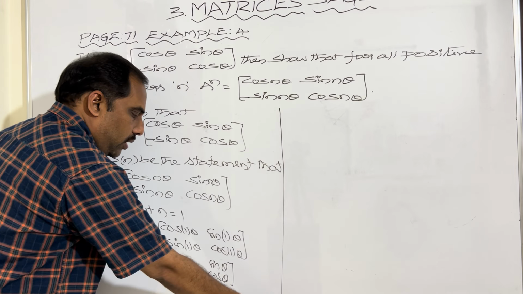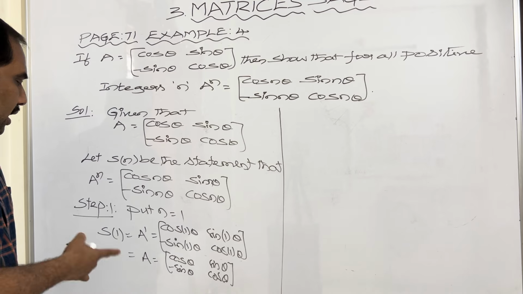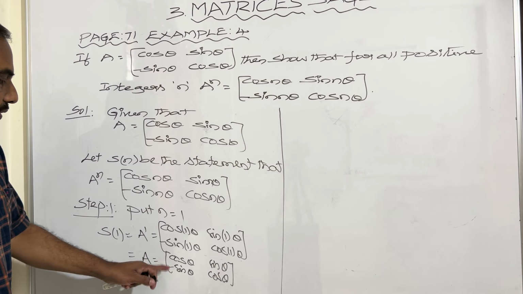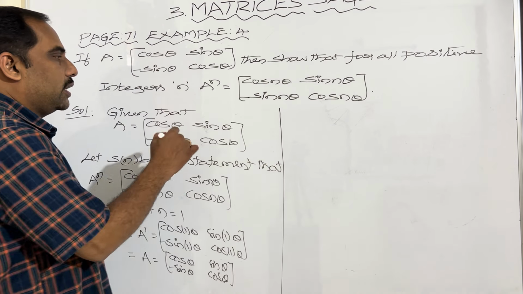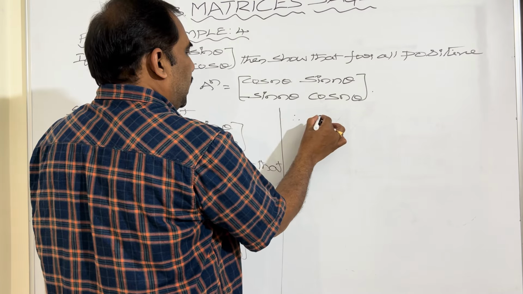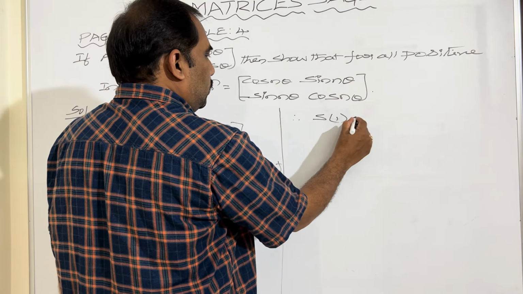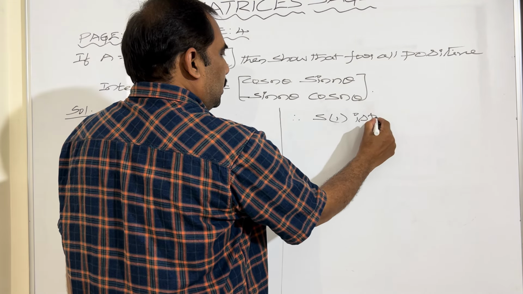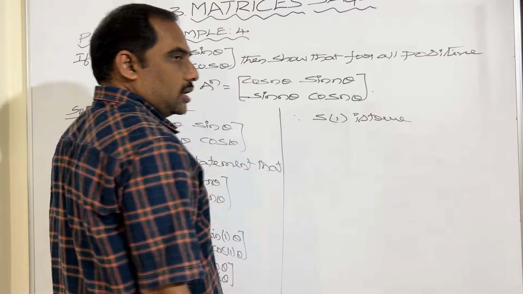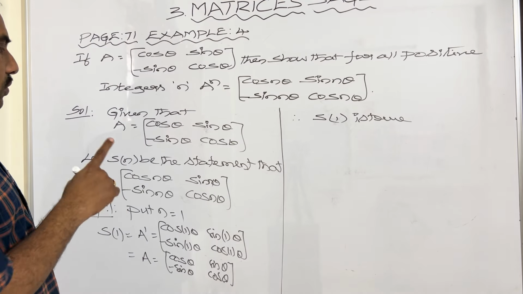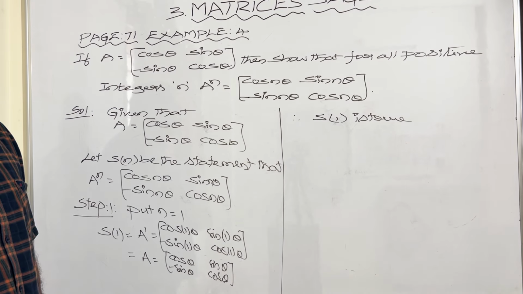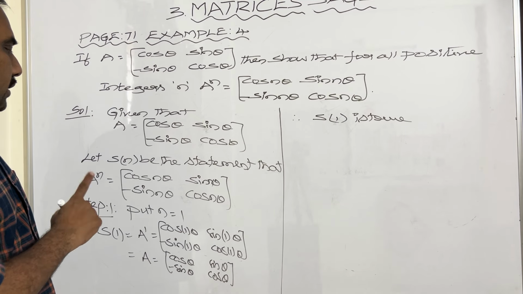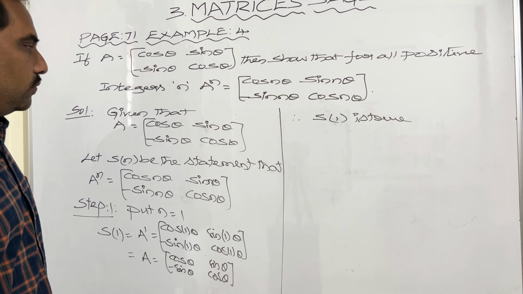So in step 1, after taking n is equal to 1, we get the same matrix. Now we can say that S of 1 is true. It means the given statement is true for n is equal to 1.